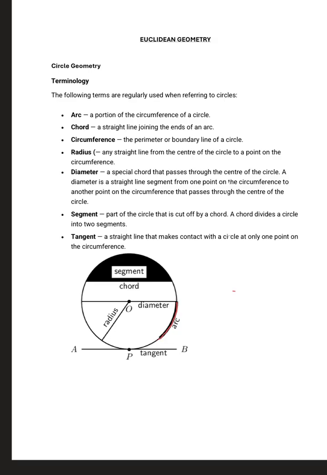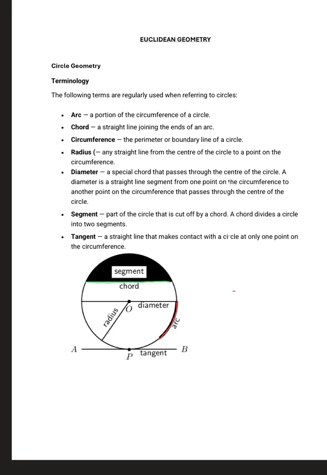It's a curvature. And then the second one, we have a chord. A chord is a straight line joining the ends of an arc, right? So a straight line that joins the ends of an arc is called what? A chord. For example, you can see that we have a chord here. So let me highlight it. So this is a chord, right?